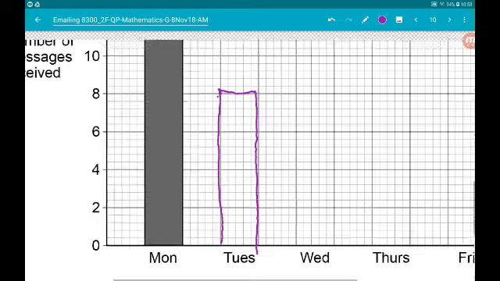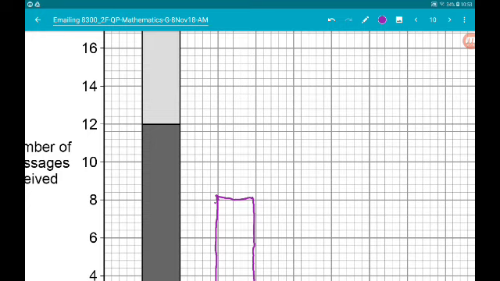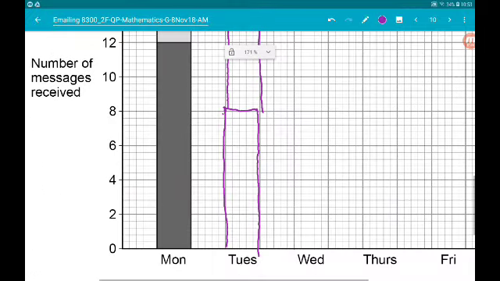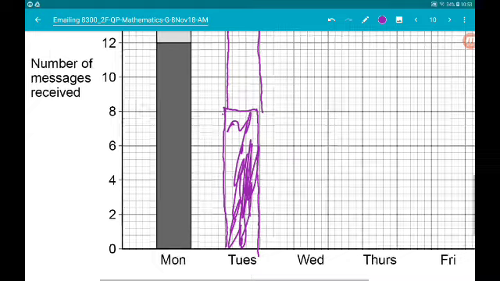Then he's had 6 texts, so that's going to go up to 14. Okay, now when you're doing it, use your ruler and colour in the bottom bit for the emails.